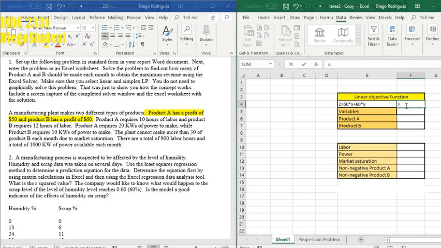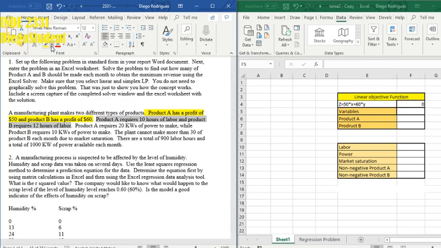So equal 50 times product A plus 60 times product B. Enter. Alright. So we already set the objective function. Product A, product B, those are the numbers that I wanna know. So let's go with the next.